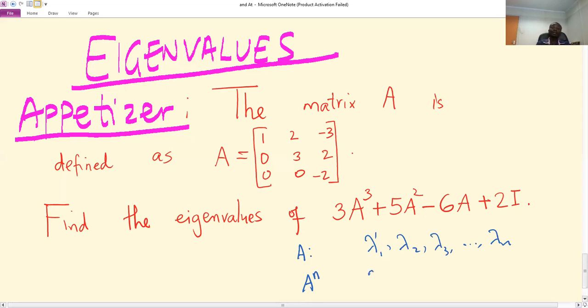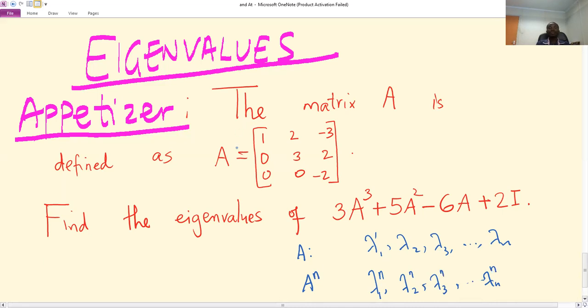You simply take each eigenvalue and raise it to power n: lambda 1 power n, lambda 2 power n, lambda 3 power n, up to lambda n power n. So that's the property that we are going to use.